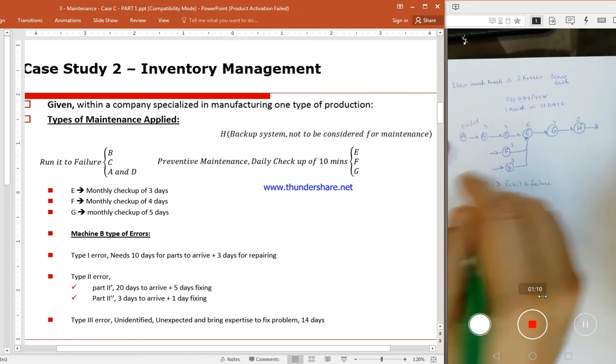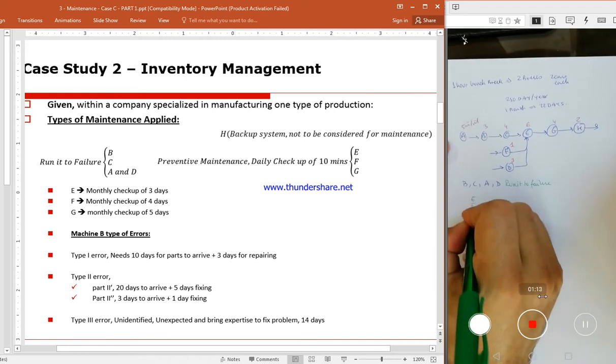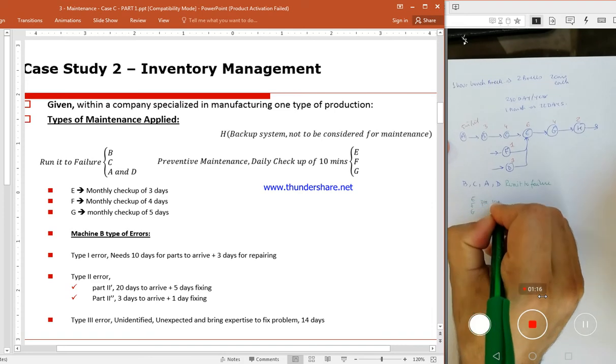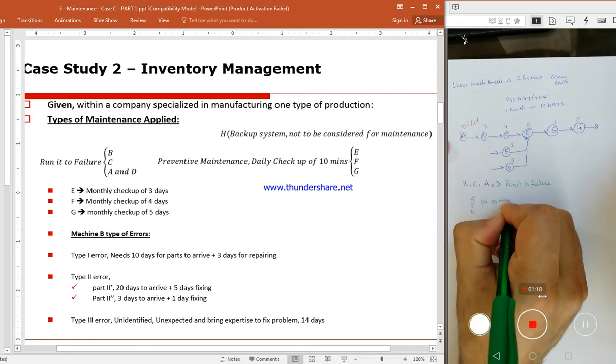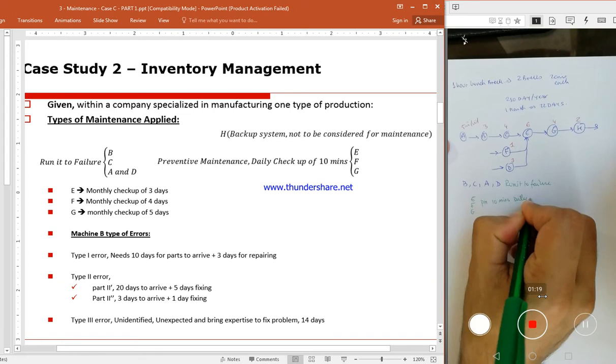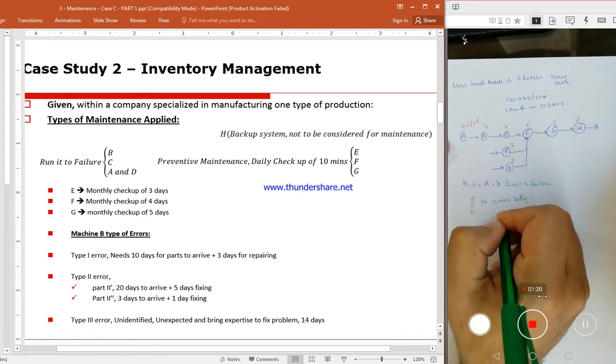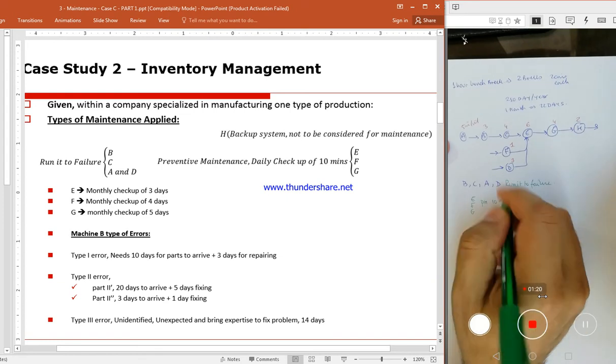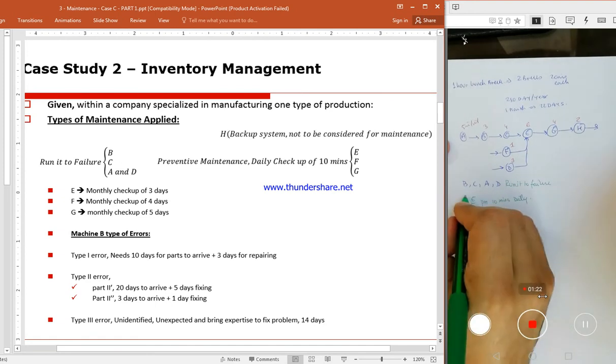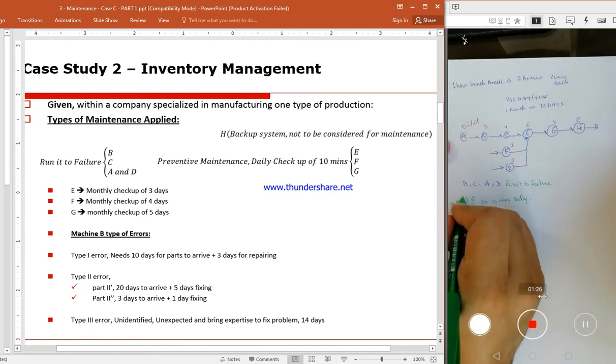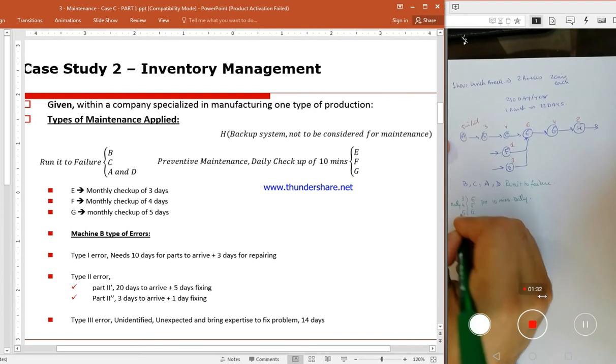We have E, F and G on preventive maintenance. We have 10 minutes daily, as well as monthly maintenance of 3 days for E, 4 days for F and 5 days for G.